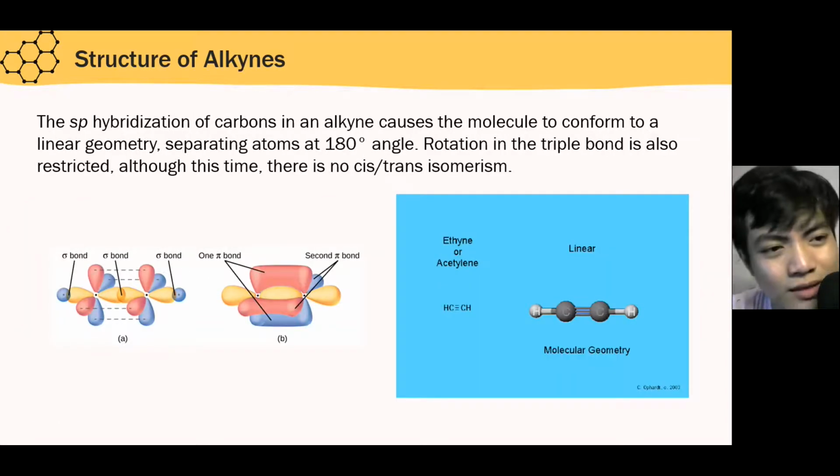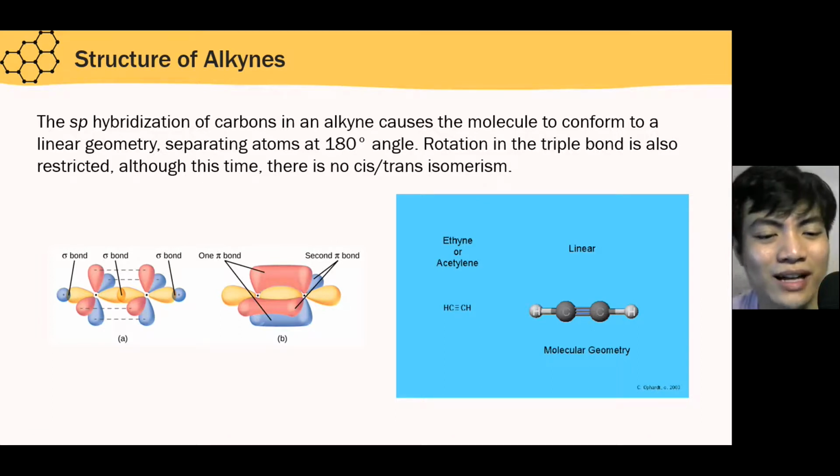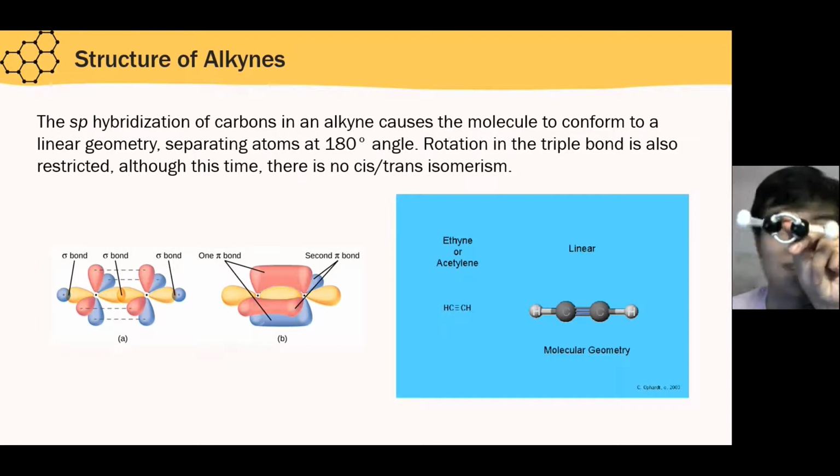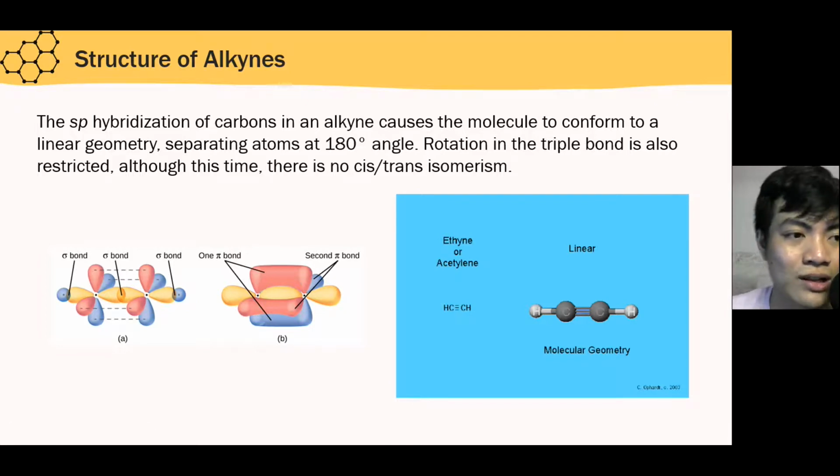So, for alkynes, wala nang cis-trans isomerism. Bakit? Ano ba yung position ng mga atoms mo? Nasa linear lang siya eh. Okay. So, for alkynes, since the hybridization of your carbon is just sp, meaning that the two atoms are positioned on the opposite sides lang, no? Isa sa left, isa sa right. And they are separated by a 180-degree angle. Keep in mind that there are three bonds between the carbon atoms for an alkyne.